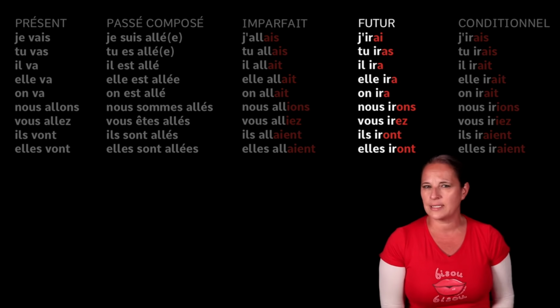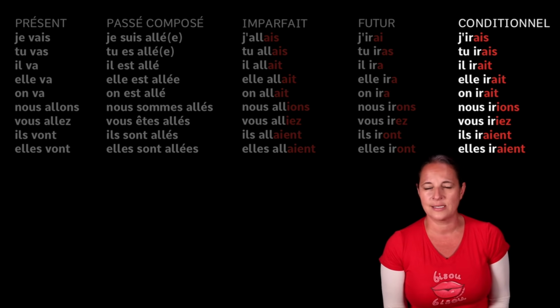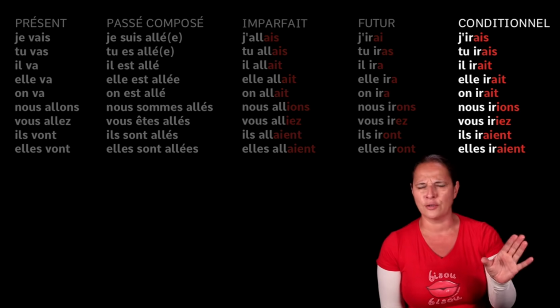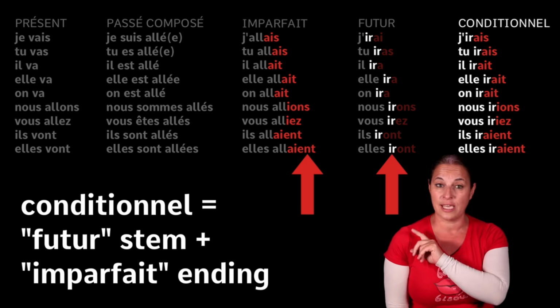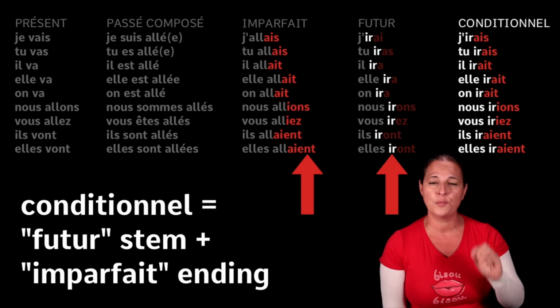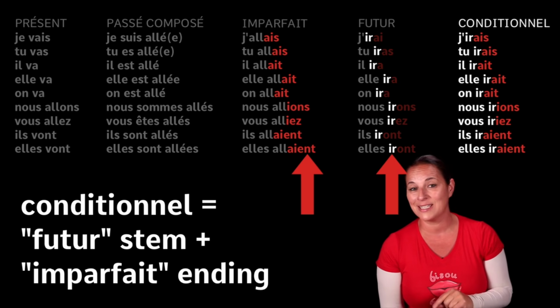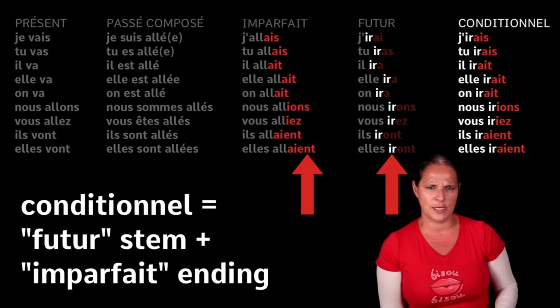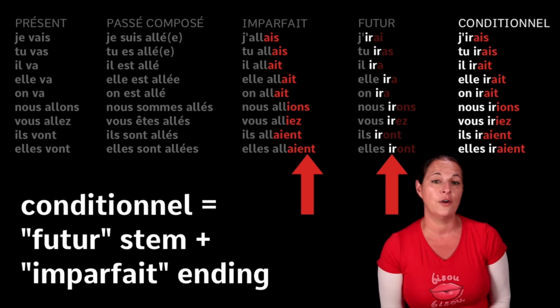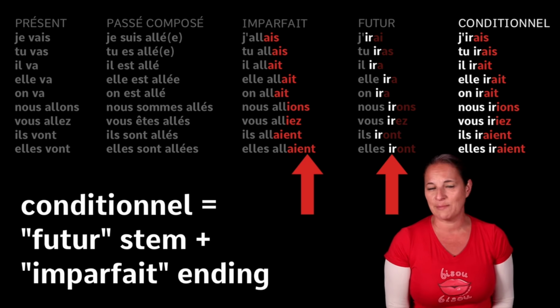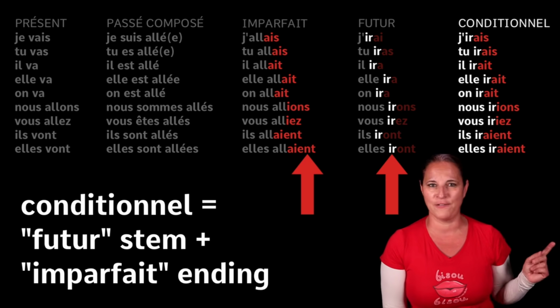So let's have a look at aller in the conditional tense. Now, you take the future stem, okay, which is ir. We've just established that, and you put those special conditional endings. Okay, now what are the special conditional endings of the French tense? It's quite simple. They are the same as the imperfect endings.